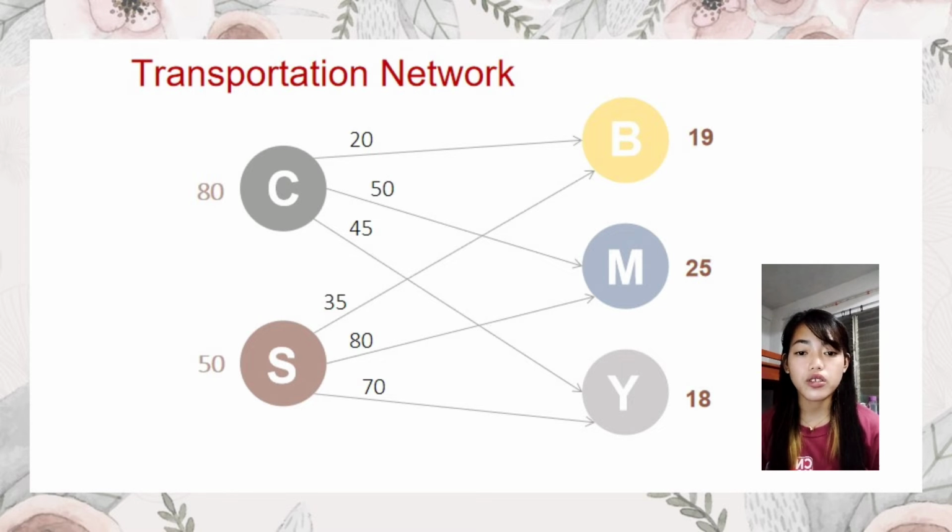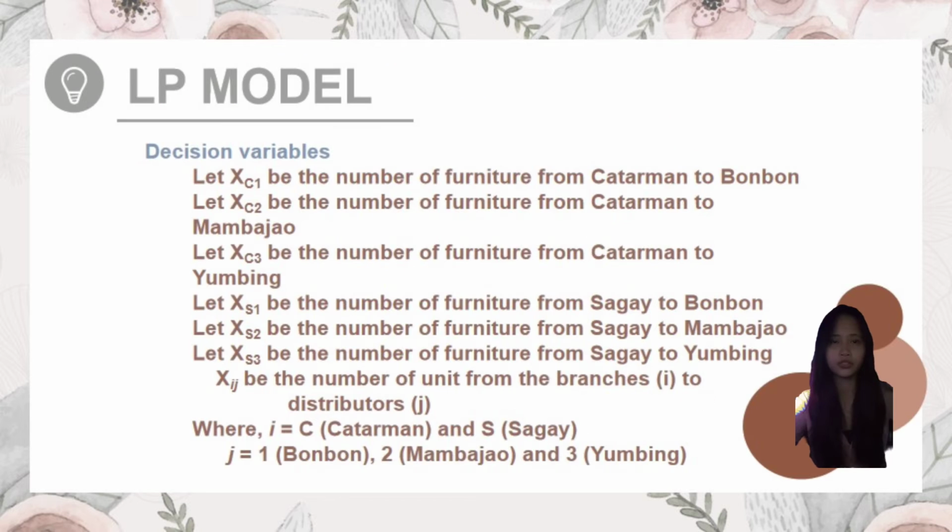to its distributors. We are going to construct the LP model where our decision variables are: let XC1 be the number of furniture from Katarman to Bunbon, XC2 be the number of furniture from Katarman to Mambahaw, XC3 be the number of furniture from Katarman to Yumbing, XS1 be the number of furniture from Sagay to Bunbon, XS2 be the number of furniture from Sagay to Mambahaw, XS3 be the number of furniture from Sagay to Yumbing.